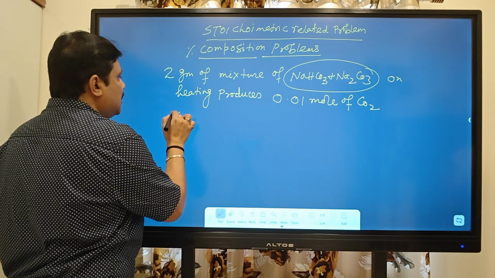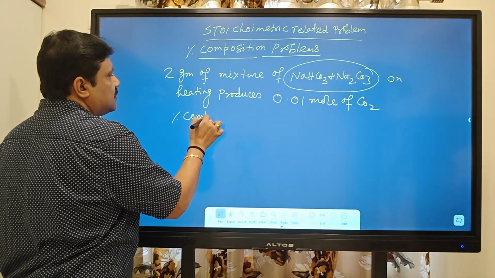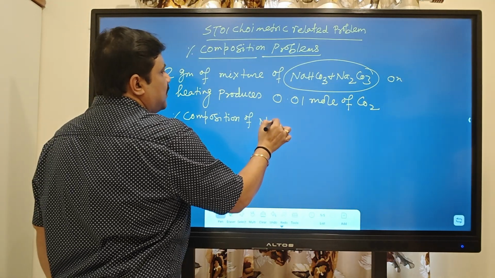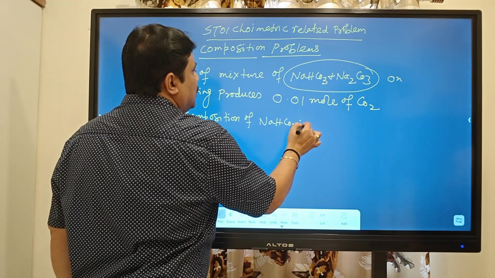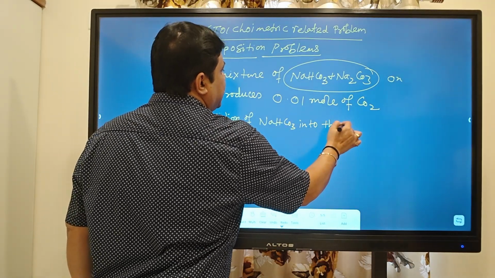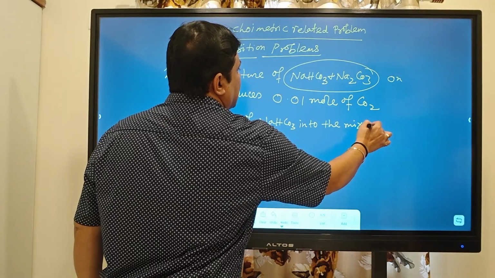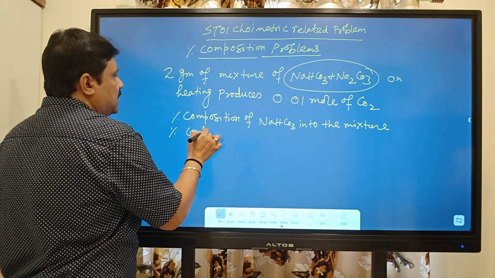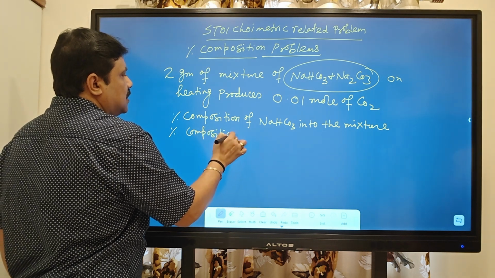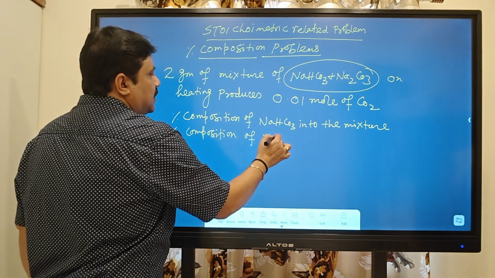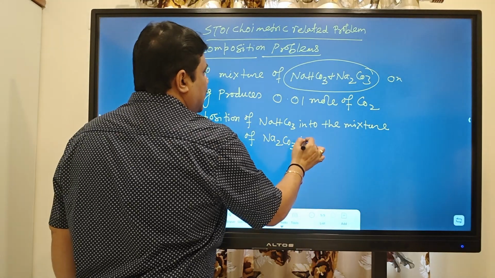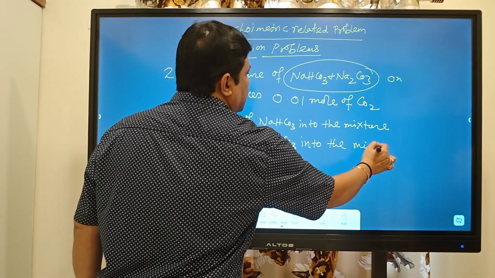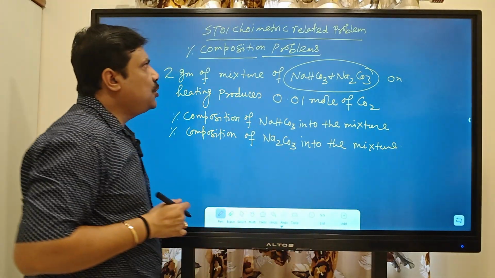Then they are asking the percentage composition of sodium bicarbonate in the mixture, as well as the percentage composition of sodium carbonate in the mixture. That is what they are asking, and this is your problem.